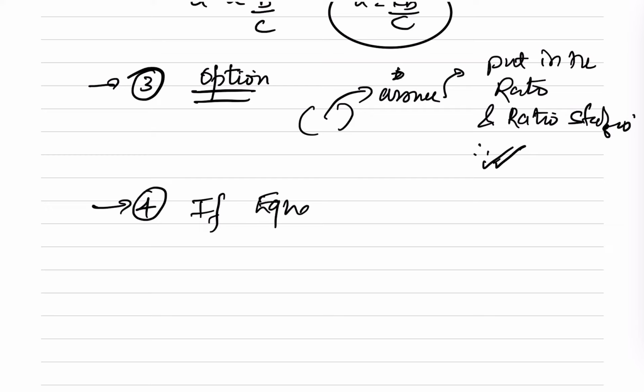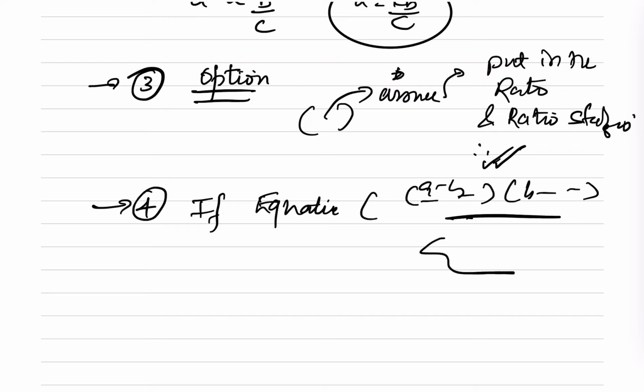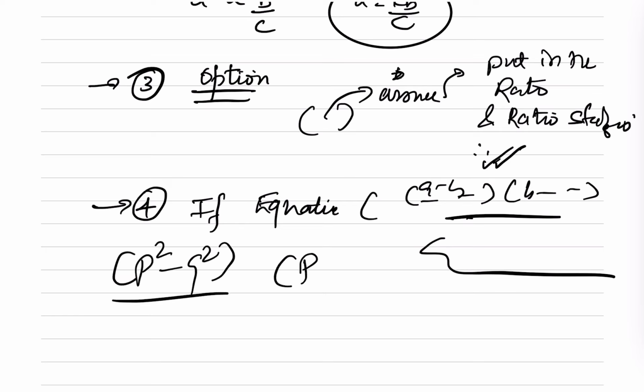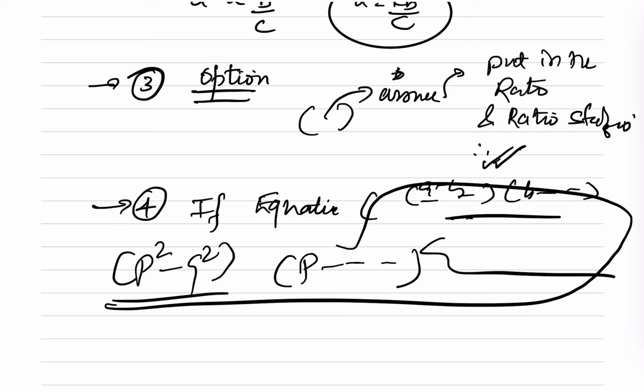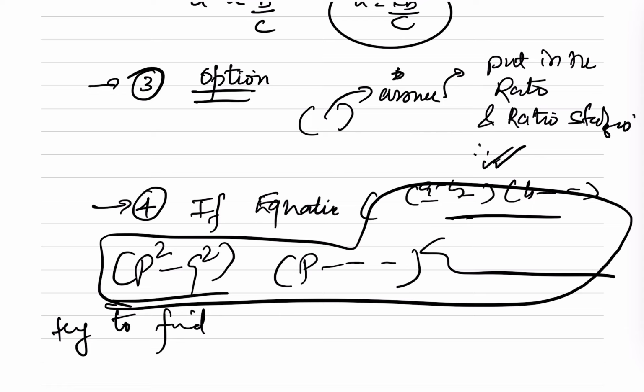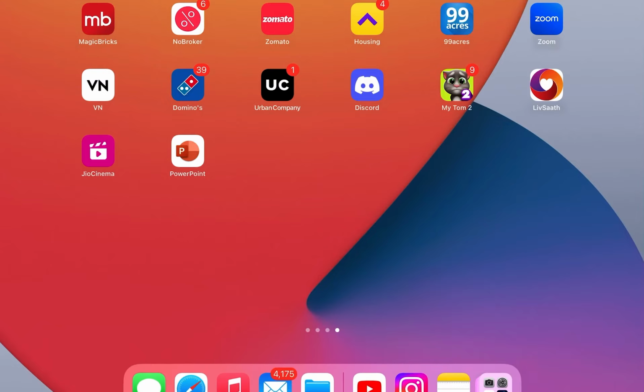And fourth, equatic questions, meaning you have questions of equations a minus b, b minus c, p square minus q square, p plus q something something, all those equatic questions, try to put basic values.